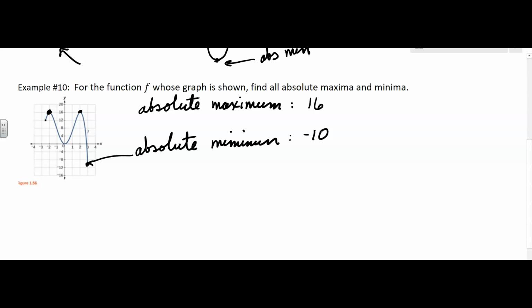Anyway, there are other examples you could think of probably. So it's tempting to use that (0, 0) point as an absolute maximum or minimum, but it's not the highest or the lowest output. So what is that point right there? It's a local minimum.